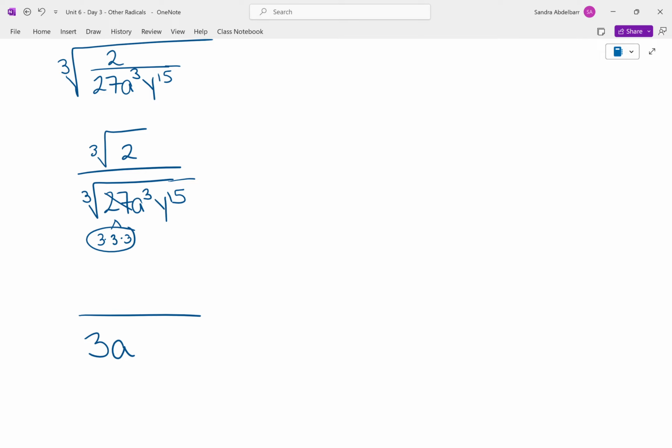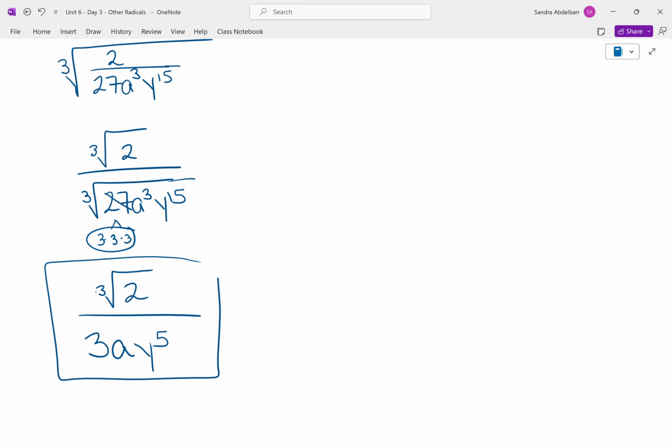So then one 3 is coming out. The cubed root of a to the 3rd is just a. What's the cubed root of y to the 15th? Y to the 5th. No more radical in that denominator. And in my numerator, I have the cubed root of 2, which I have nothing I can do with, and that's perfectly fine. This is our answer.